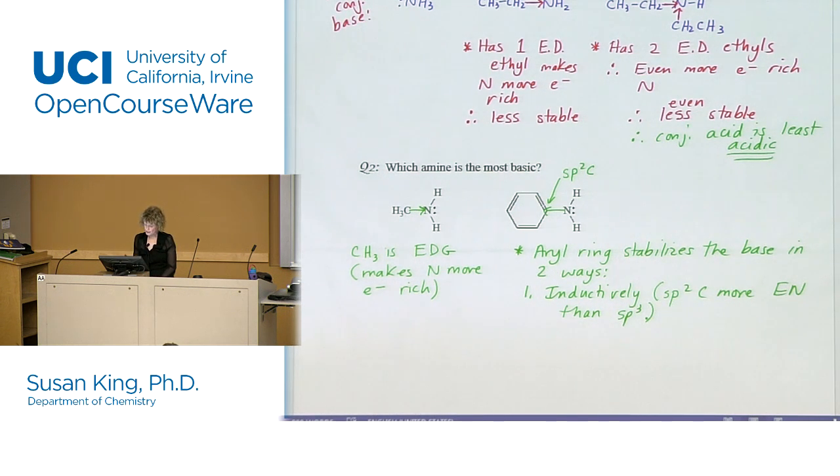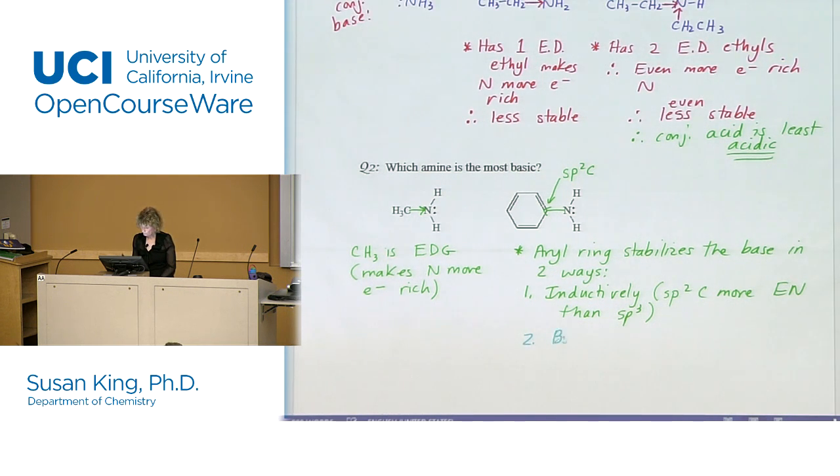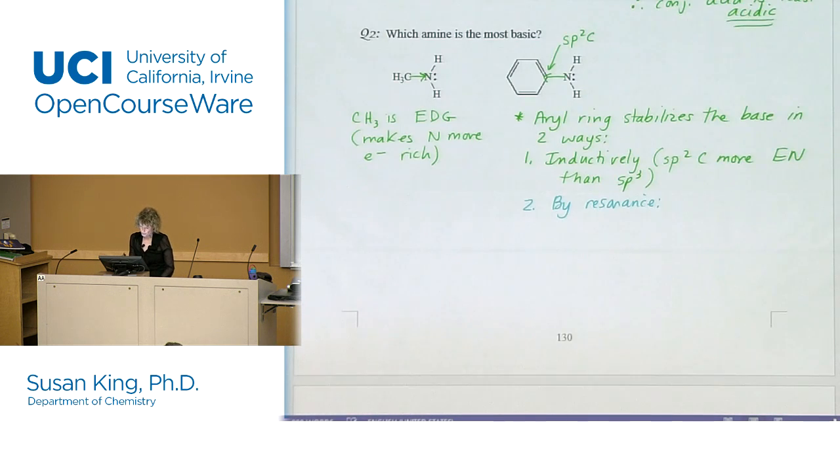We also have it stabilized by resonance. So if we draw this ring here, that lone pair on nitrogen can be delocalized onto the ring. So this is also stabilized. So it's not only stabilized by inductive effects, it's also stabilized by resonance.